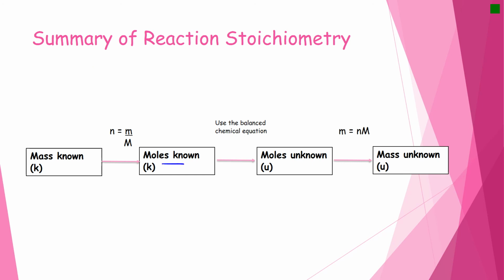Okay, we've now got our moles known. We can now convert to our moles unknown because we have a balanced chemical equation. We've got 3, but we've adjusted the ratio so that we can go directly from a known to an unknown. So we'll be able to produce our stoichiometric ratio.